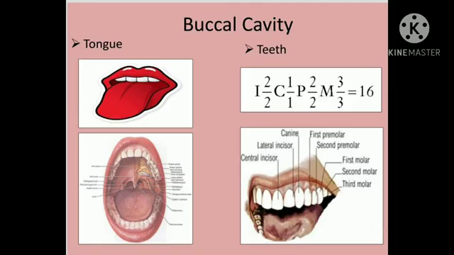Now, why are they called thecodont? They are called thecodont because each tooth is fixed in a separate socket in the jaw bones by a gomphosis type of joint.